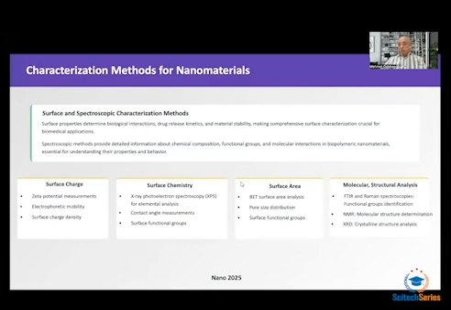The surface properties of nanoparticles determine biological interactions, drug release kinetics, and material stability, making comprehensive surface characterization critical for biomedical applications. Within this scope, surface charge, surface chemistry, surface area, and molecular structural analysis are carried out.